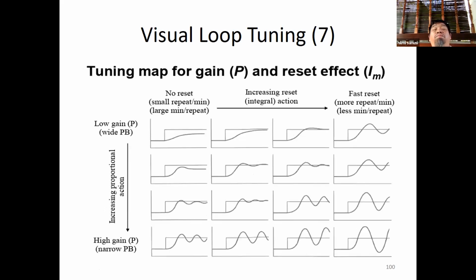This is a tuning map for gain P and reset all the PI. So this, kalau sistem dia macam ni, tengok. Kalau macam ini, this is too, dia punya gain is too small. This is gain too high. They start to oscillate. This thing tak ada oscillation.